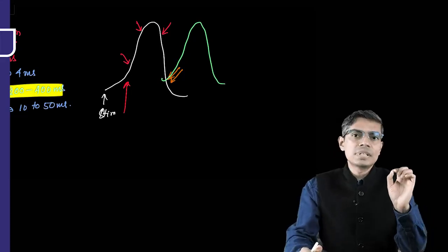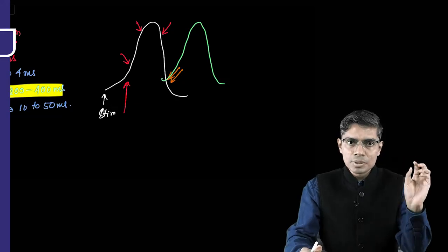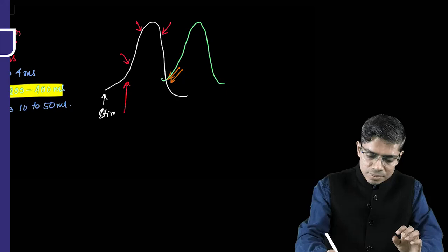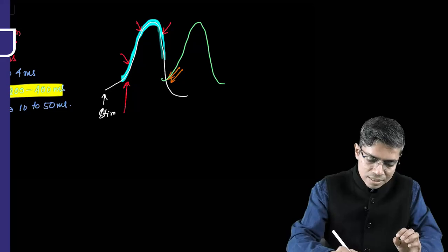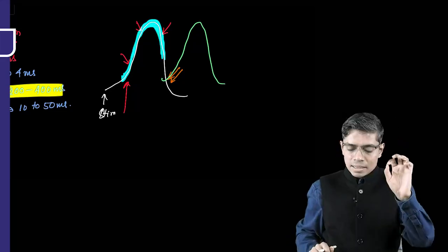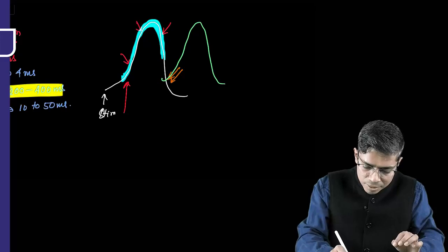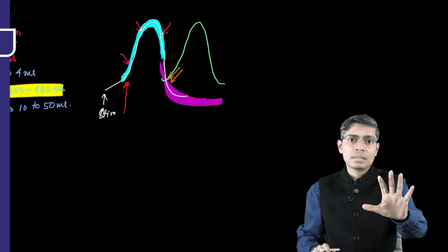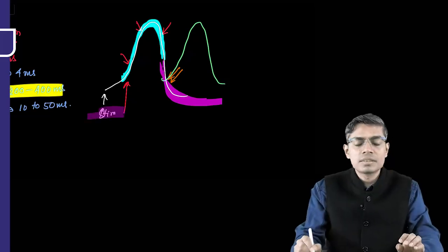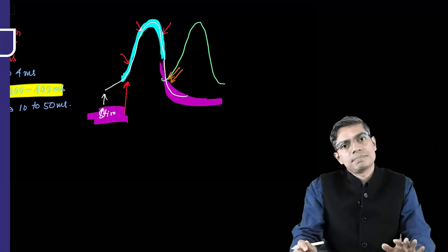So we have 2 types of refractory period, absolute and relative. Absolute refractory period means that period of the action potential where a second action potential is never ever possible, this part. And relative refractory period means that period of the action potential where a second action potential is possible, but with a higher strength of stimulus than previous.